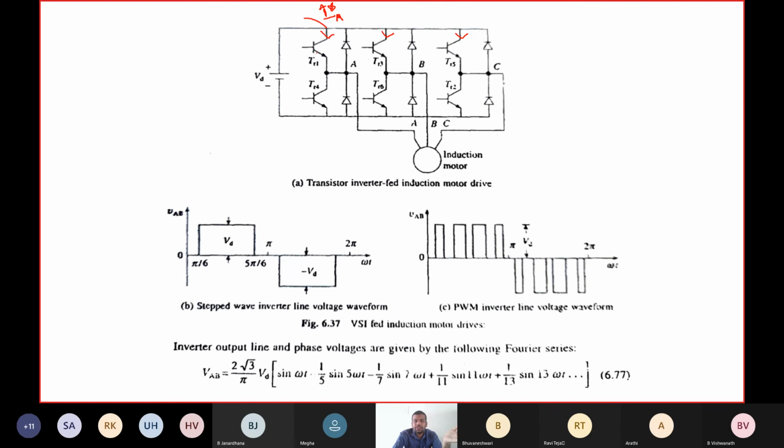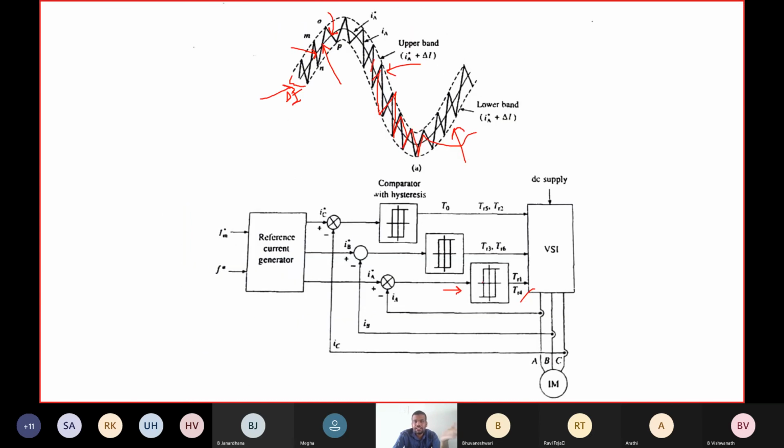If you consider the sinusoidal currents, that is IA star, IB star, IC star, I am considering IA star. This IA star will be fed to the first leg in the transistor module, which contains TR1 and TR4.